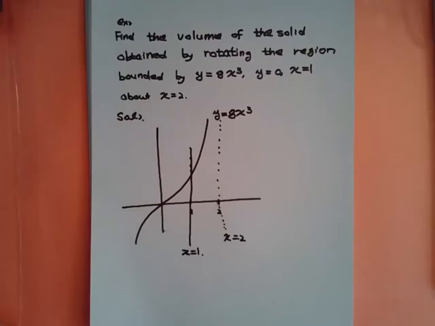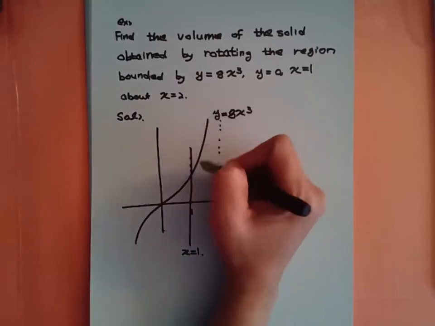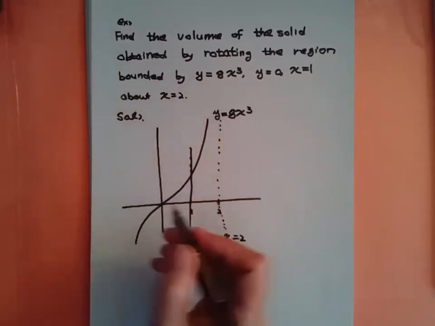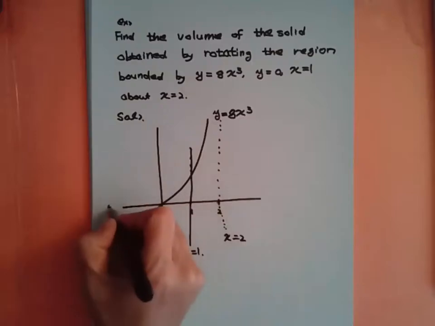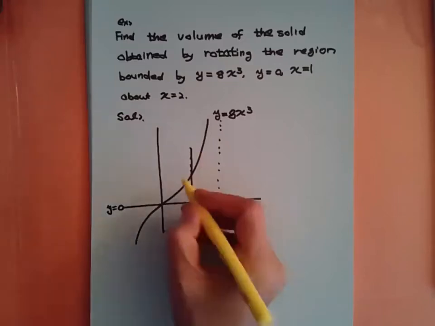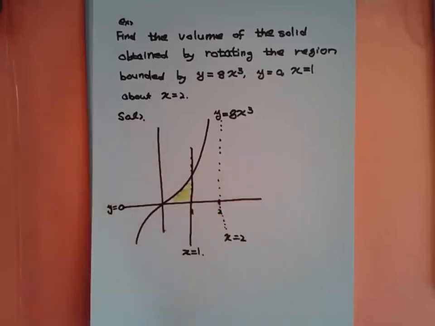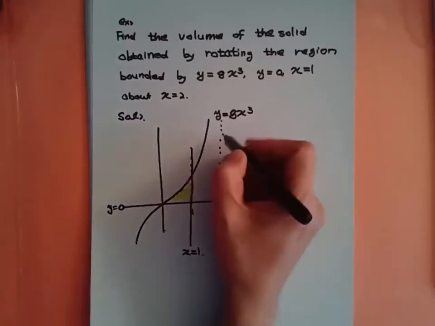The region we are thinking about is bounded by this curve y equals 8x cubed and the x-axis, which can be described as y equals 0, and x equals 1. This one. So we are thinking about this area. The axis of rotation is x equals 2.